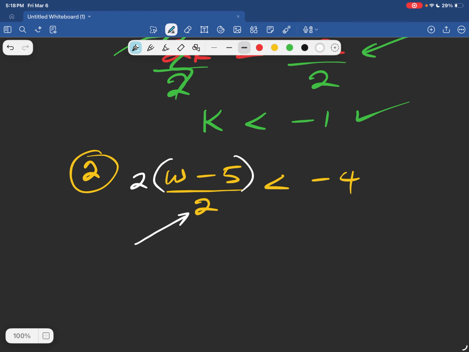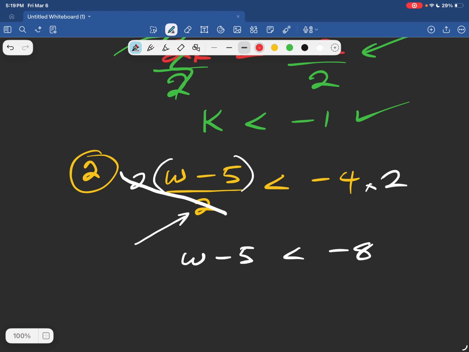We have to do the same thing to the right side, so we multiply by 2 here as well. Now, why do we multiply by 2 on the left? To cancel. This causes this to be cancelled. And we are going to be left with w minus 5 is less than negative 8.